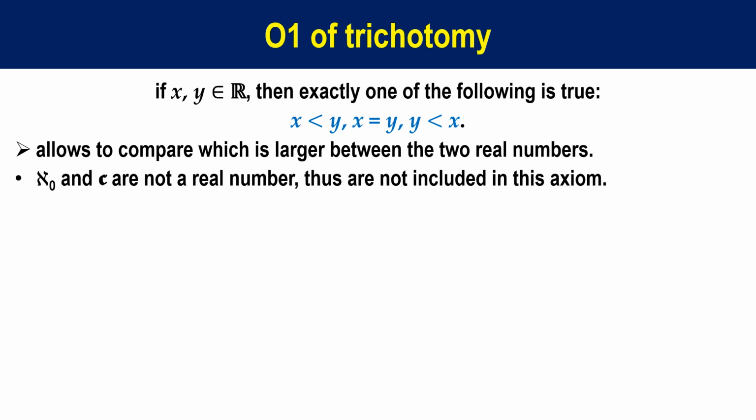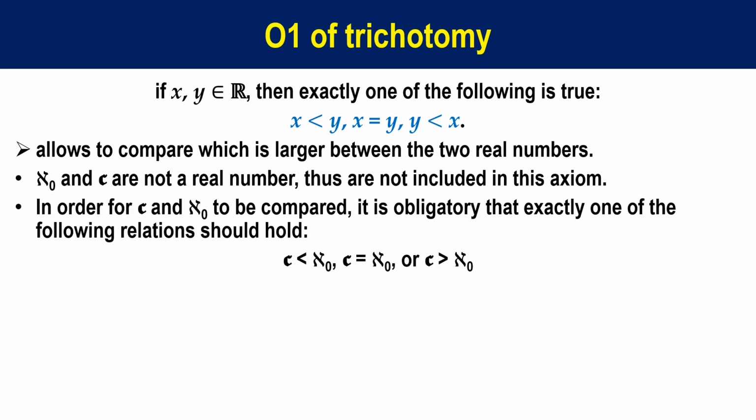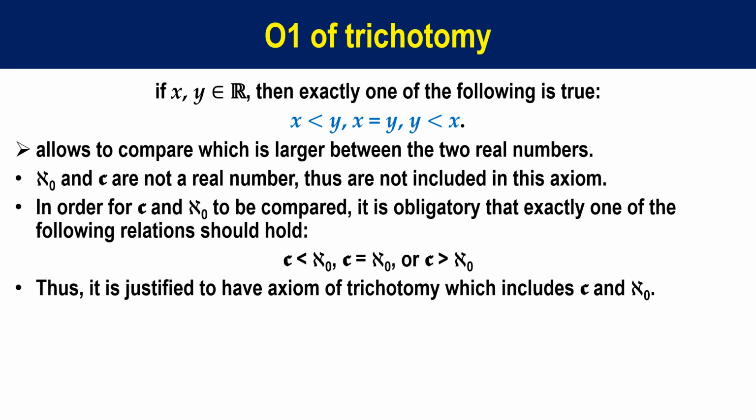However, Aleph null and C are not real numbers, thus are not included in this axiom. In order for C and Aleph null to be compared, it is obligatory that exactly one of the following relations should hold: C is smaller than, equal to, or larger than Aleph null. Thus, it is justified to have an axiom of trichotomy which includes C and Aleph null.